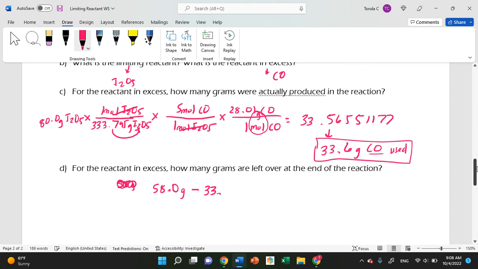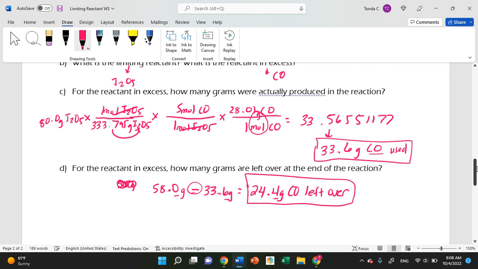Minus 33.6 grams of CO was actually used, and this gives me a difference of 24.4 grams of CO that was left over after my reaction. Notice 1 after the decimal, 1 after the decimal. My answer has 1 after the decimal. And that is because we are subtracting there.